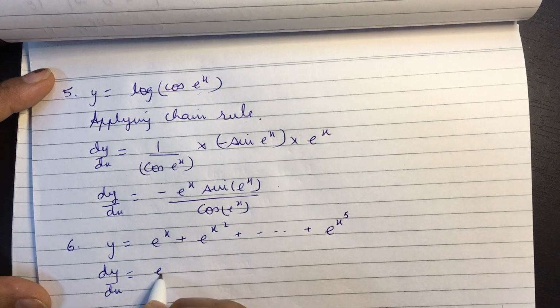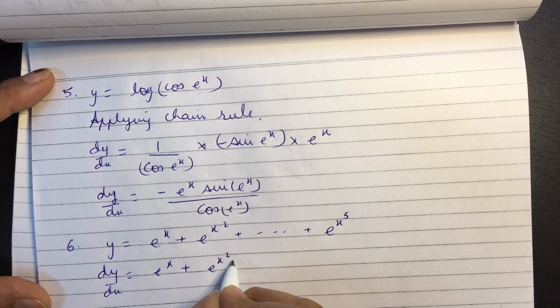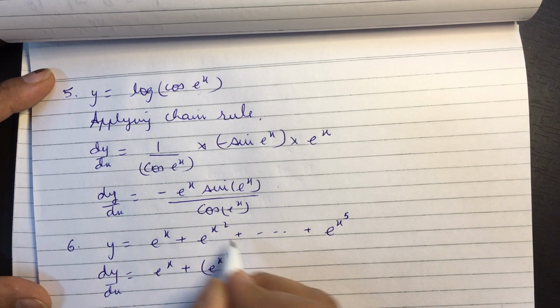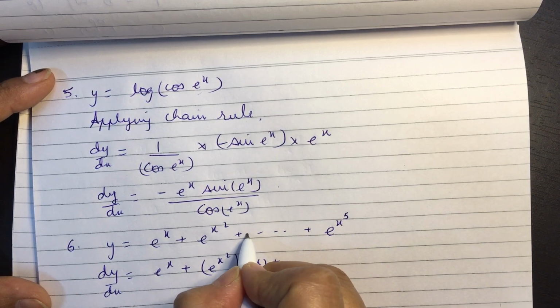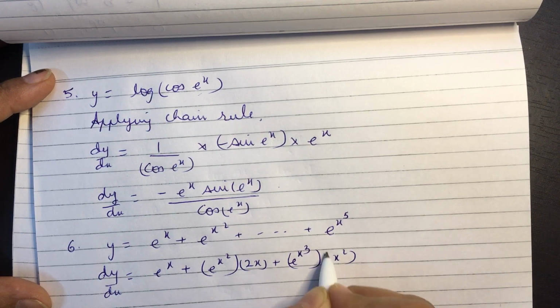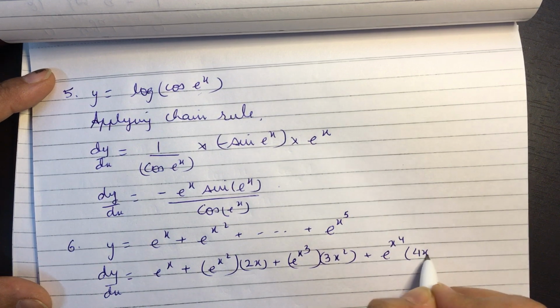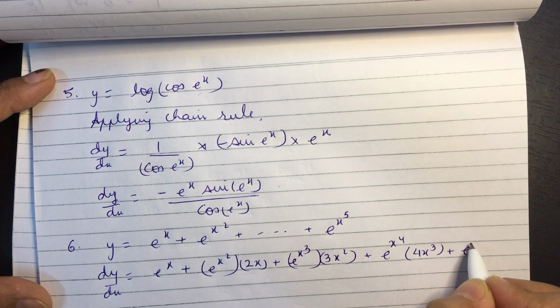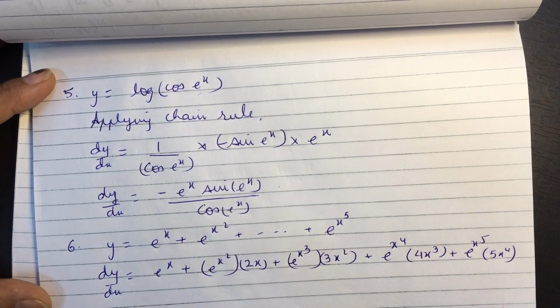So, derivative of this is e raised power x plus derivative of this is e raised power x square into derivative of x square is 2x. Same way it will be e raised power of x cube into 3x square plus e raised power x4 into 4x cube plus e raised power of x5 into 5x raised power of 4.